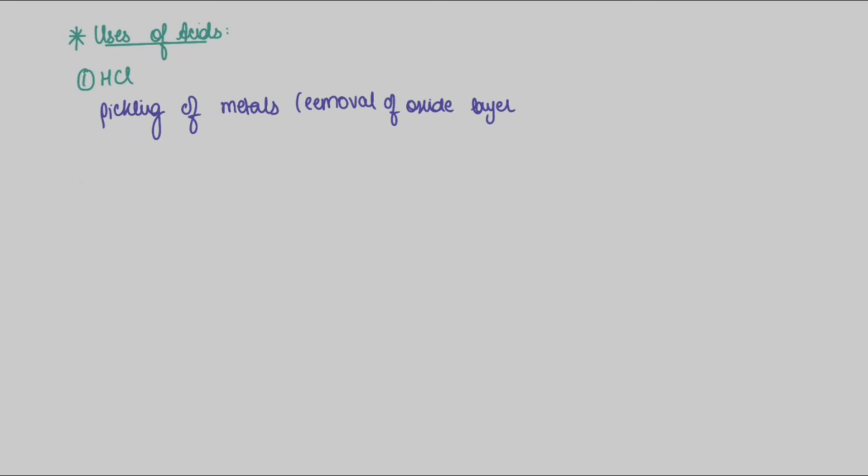Next, the acid we have is sulfuric acid. Now sulfuric acid has multiple uses. It used to be one of the indicators of economic growth. The production of sulfuric acid used to be a fantastic indicator of economic growth because it's used in almost every industry. Alright, so it has many uses.